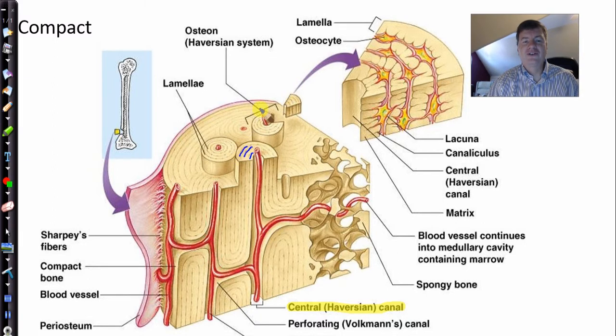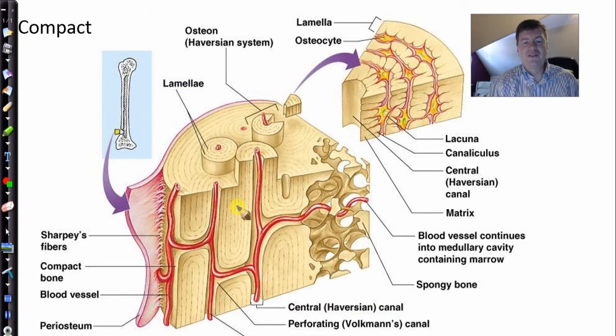These rings, each one singular, is called a lamella, or lamellae plural, and they make up these individual rings that look again like tree rings. What these lamellae actually are is collagen fibers as well as the phosphates and the calcium that make up bone. They're laid down in a matrix pattern.